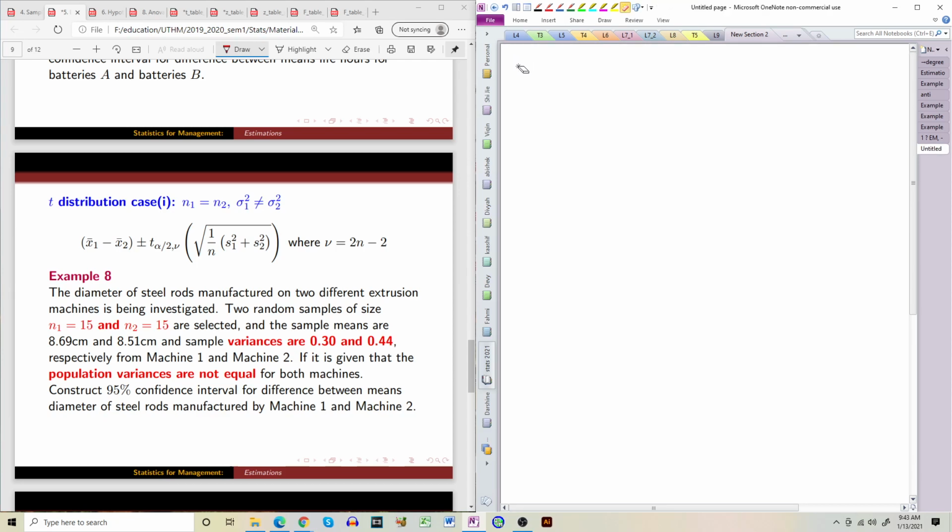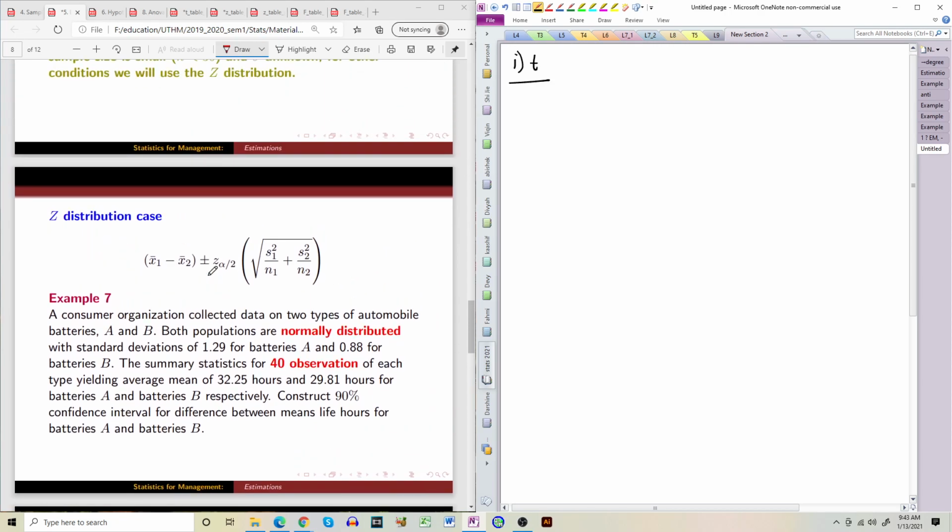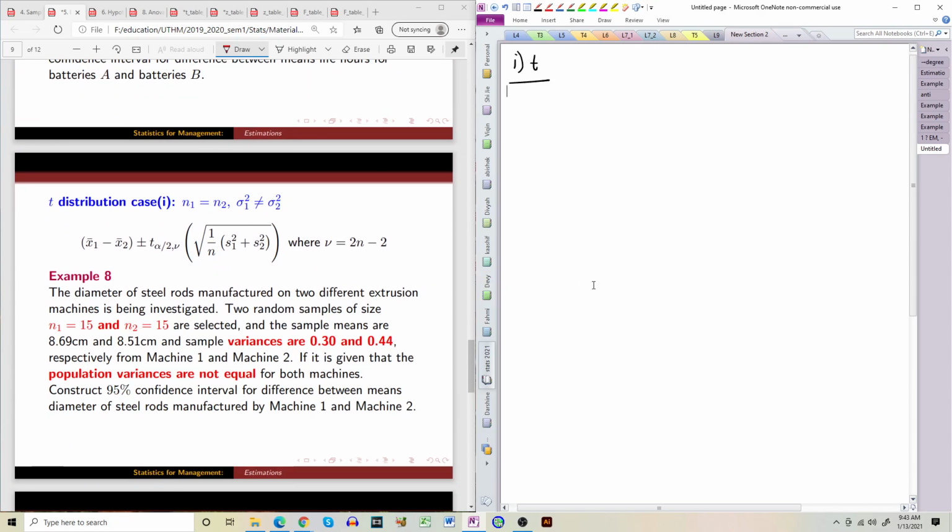So I put here the first case for T. You can see the formula is there and the degree of freedom is given there. So in this case, what is the rule, sir? When can you use this formula?